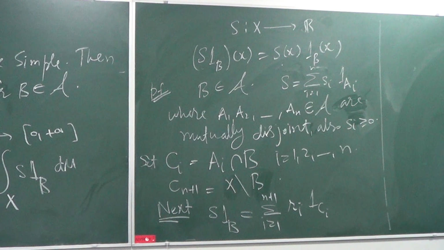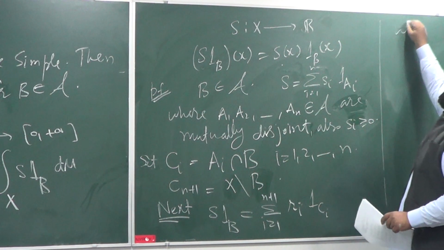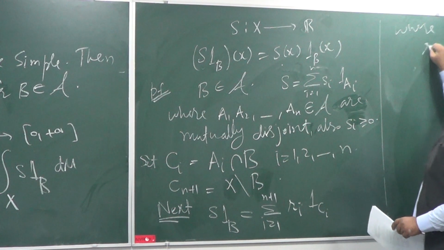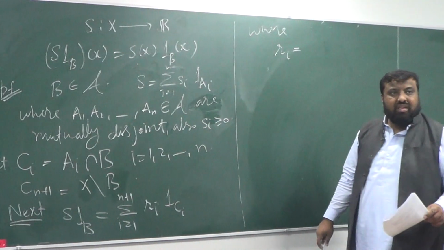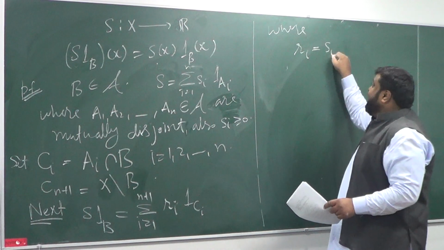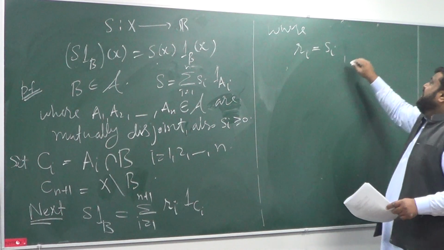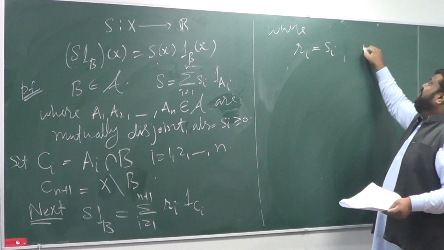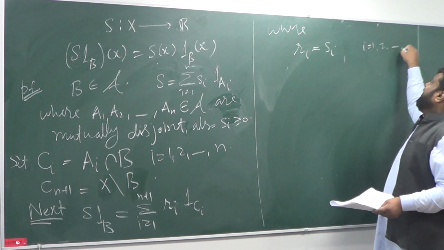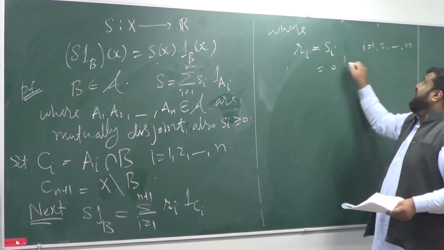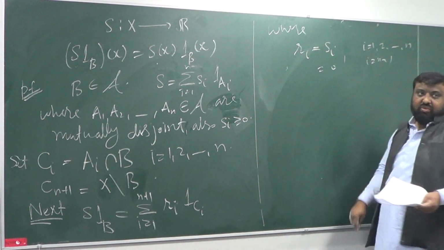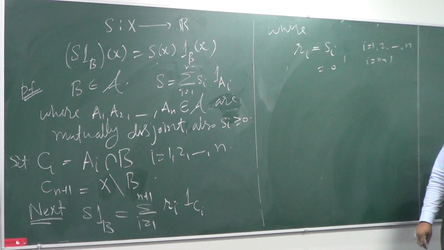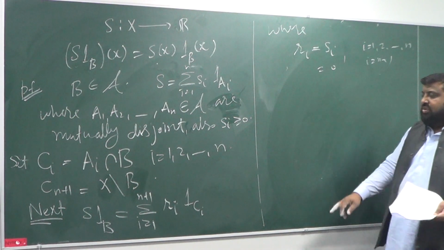So give me a guess for the R_i's. Yes, R_i is s_i for i equal to 1 to n, and R_i is 0 for n plus 1. So it's precisely the same thing. I just want to keep the interpretation.